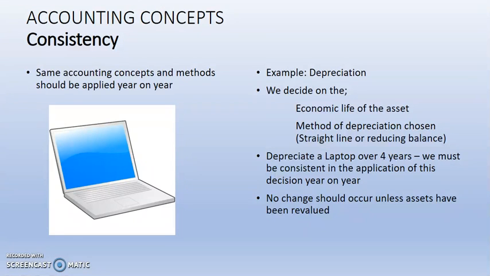Once we decide on what the economic life of the asset is, and then we choose the method of depreciation over the economic life of the asset, be it on a straight line basis or a reducing balance, we should continue this method year on year until the economic life has been fully utilised. So if we decide to depreciate a laptop for 4 years, perhaps using the reducing balance method, we should apply this over the 4 years until the end of the economic life of the asset.